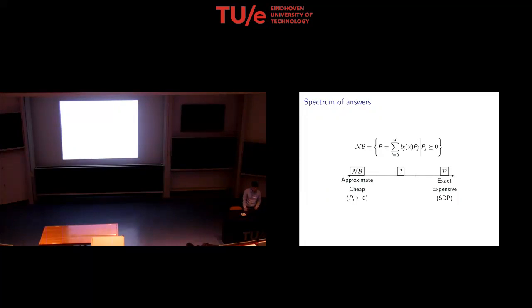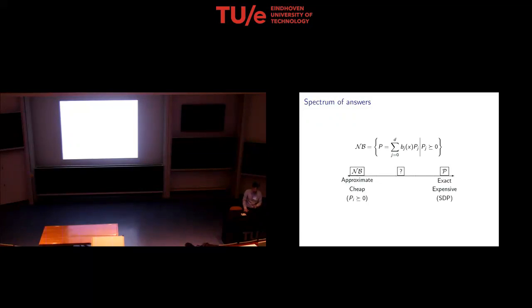Just as before, there's sort of a spectrum of conditions that you can give. You can write an exact, I'm going to call it expensive, semi-definite program. Or you can do something a little cheaper and just determine if each of the Pj are positive semi-definite.